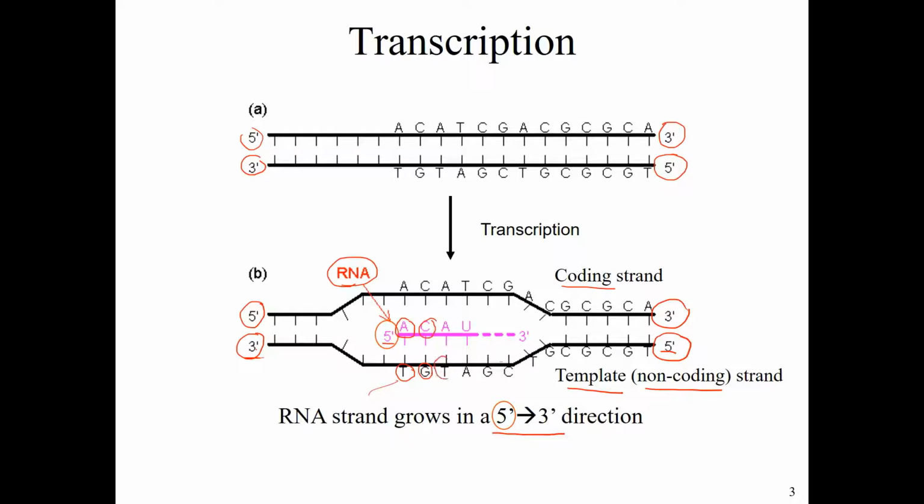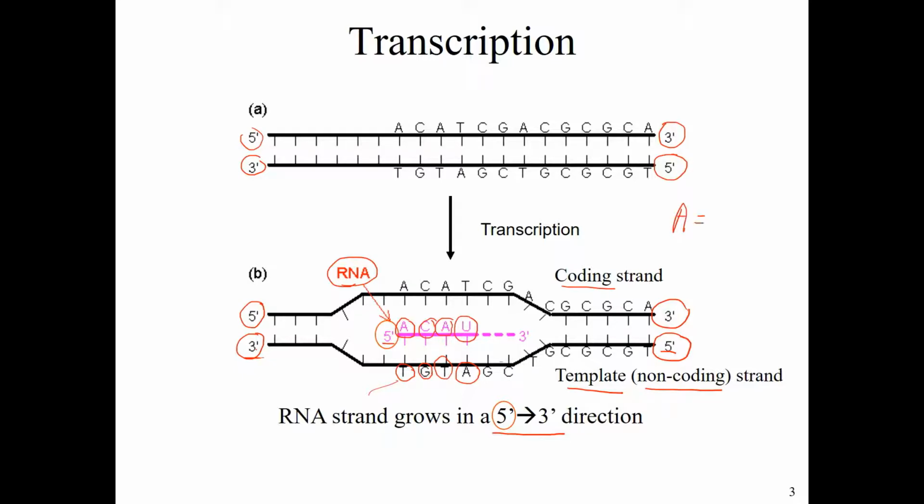A G gives you a C. When you have a T again, you have an A. When you have an A on the DNA strand, you get a U on the RNA strand. Why? Because RNA does not use thymine base, it uses a uracil base.